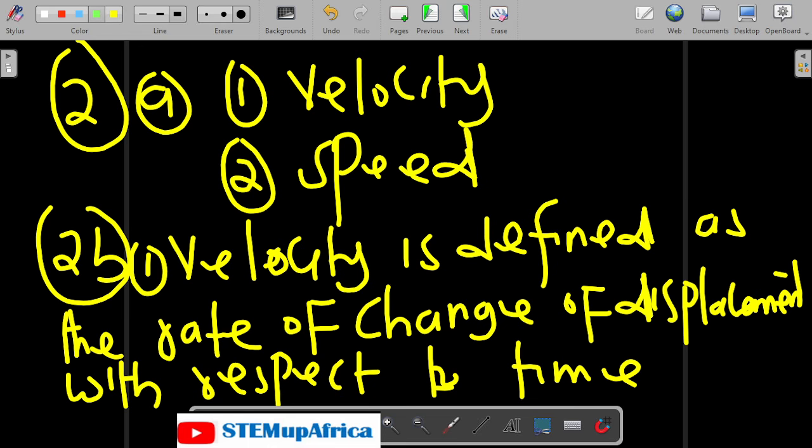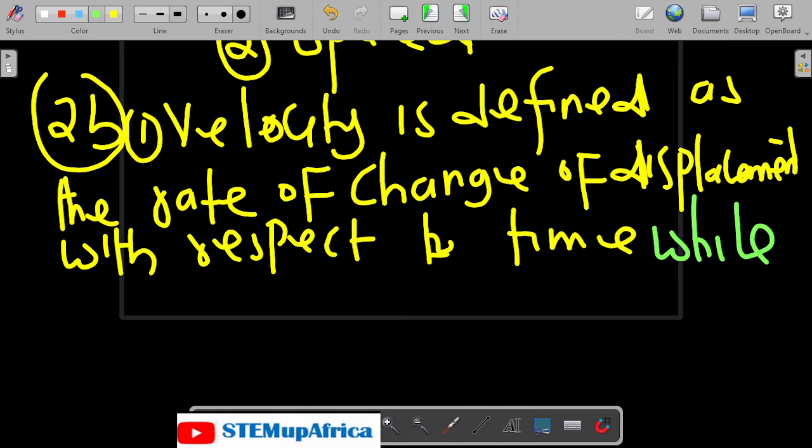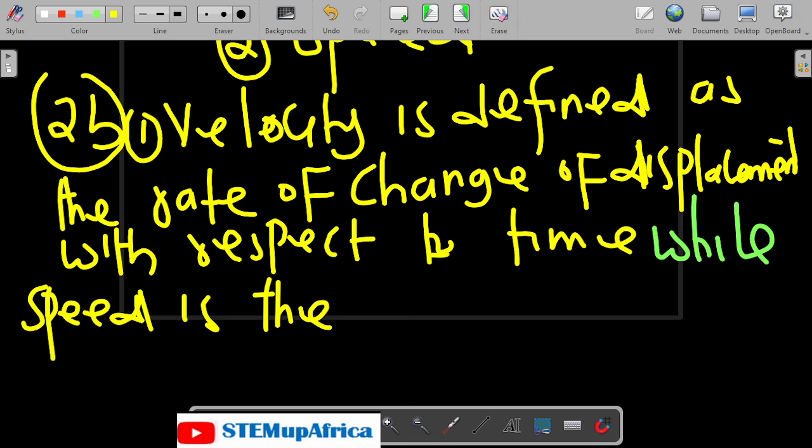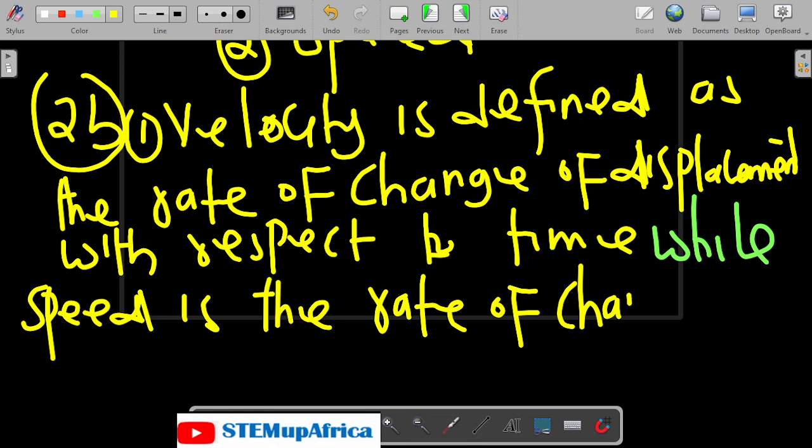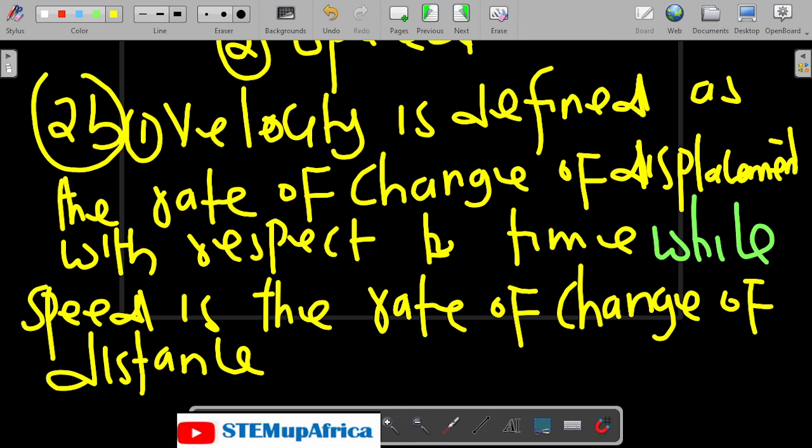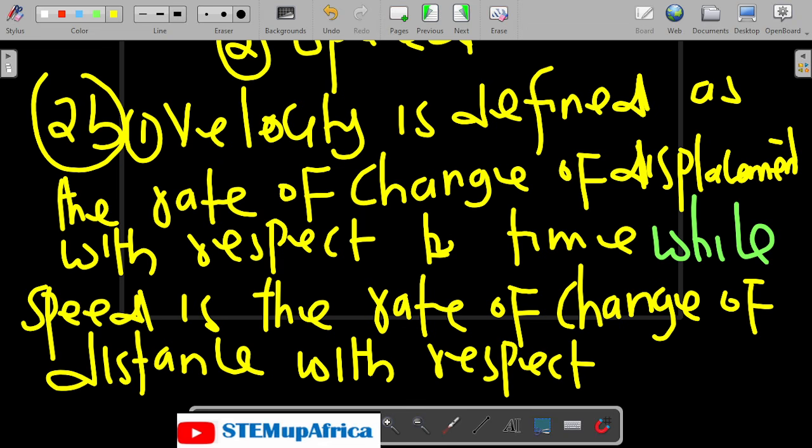Then speed is the rate of change of distance with respect to time. The first one is displacement, this one is distance. So this is one way you can differentiate them.